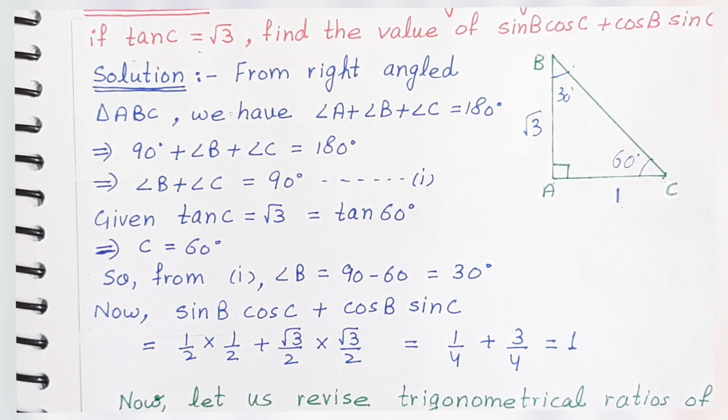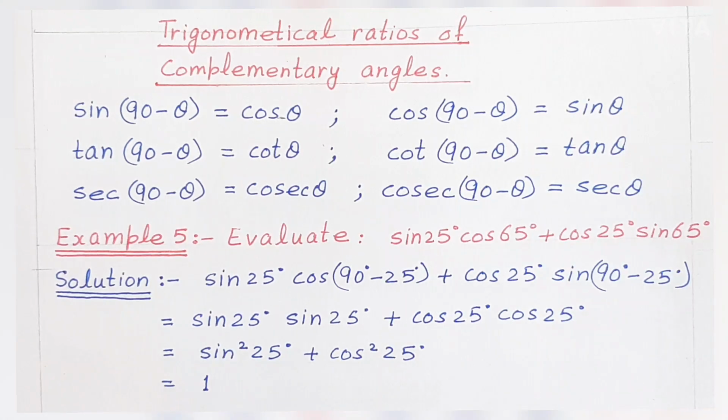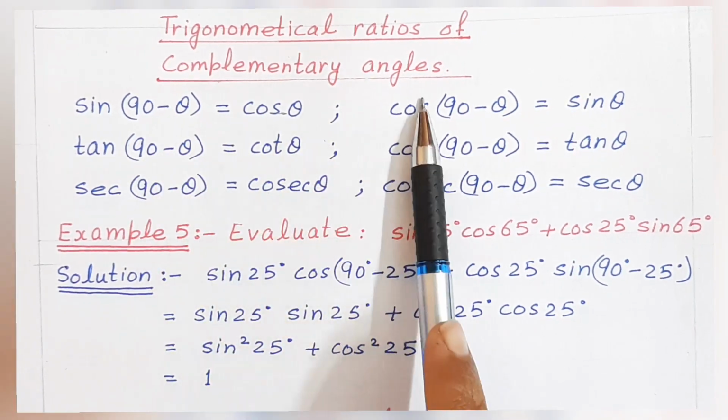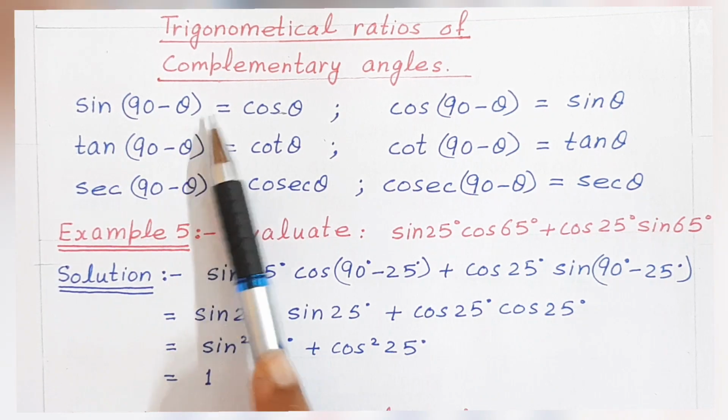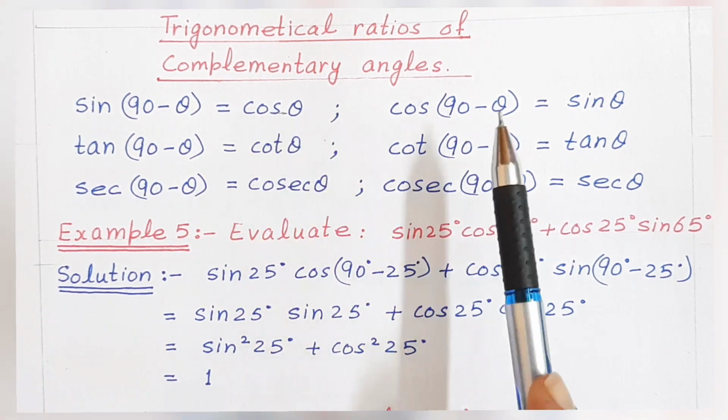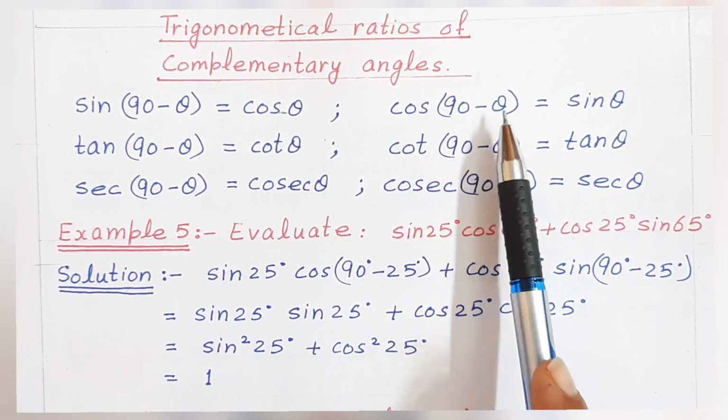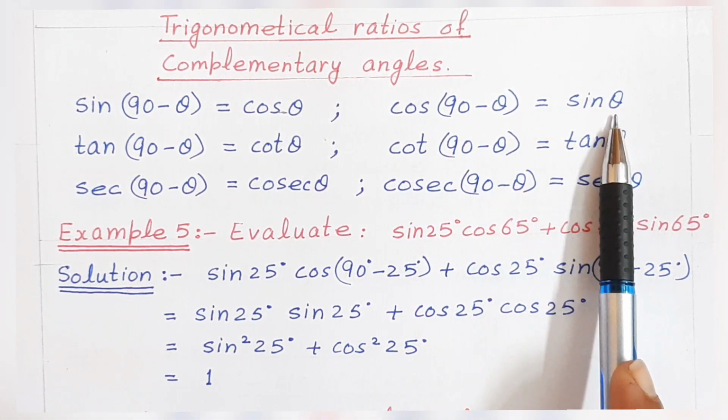Now students, let us revise trigonometric ratios of complementary angles. So the complementary angles are sin 90 minus theta is cos theta and cos 90 minus theta is sin theta.